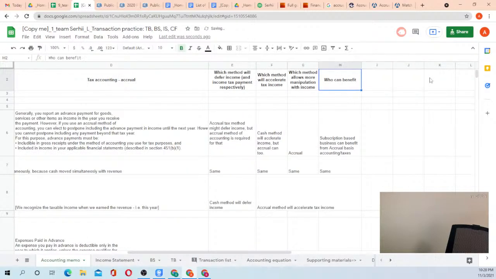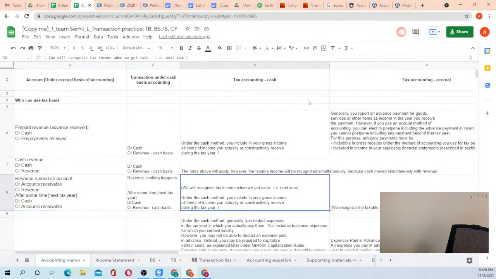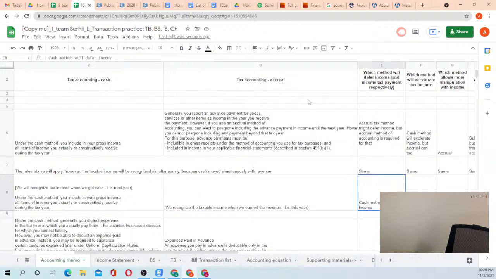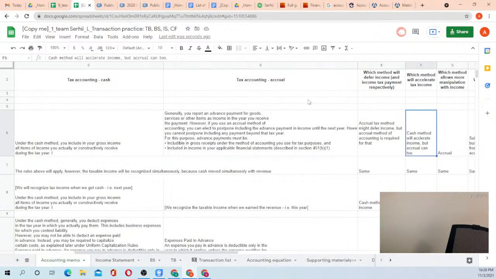Tax. We are talking about tax manipulation here. So we have no options to manipulate our taxes if we are an accrual basis taxpayer. We can only recognize revenue when we earn it, unless we get a prepayment. If we get a prepayment, then we have an option to recognize income when we get the prepayment, or recognize income based on accrual basis.